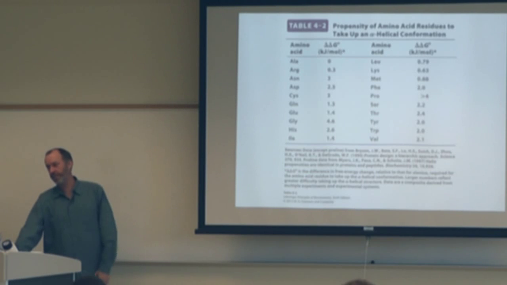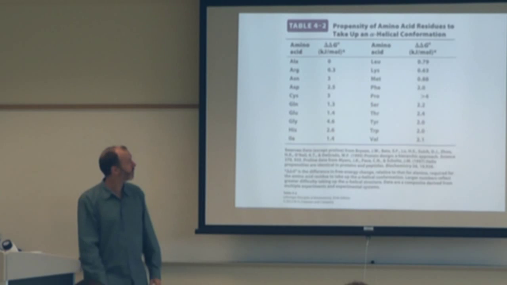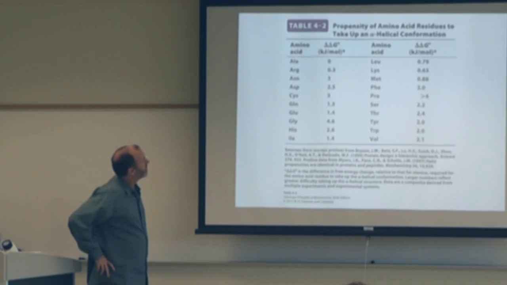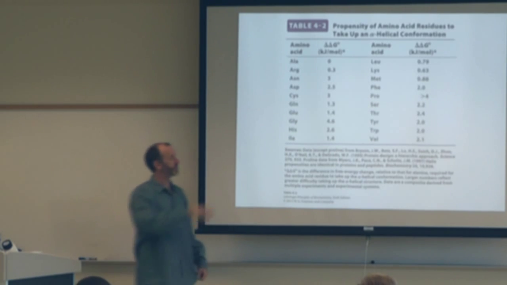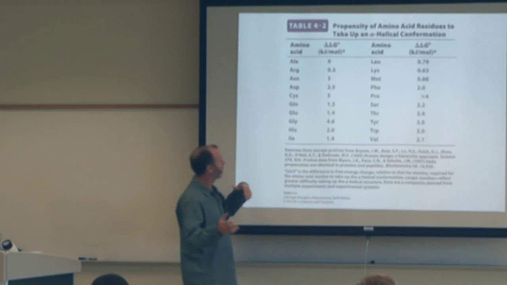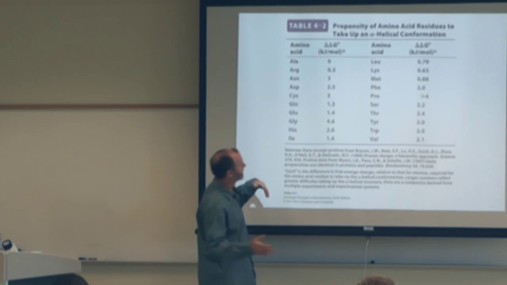And then this is a table from your book showing you the propensity of amino acid residues to take up the alpha helical formation. And they have delta G. I forget this stuff about this, but it just shows you some things are highly likely to form an alpha helix.